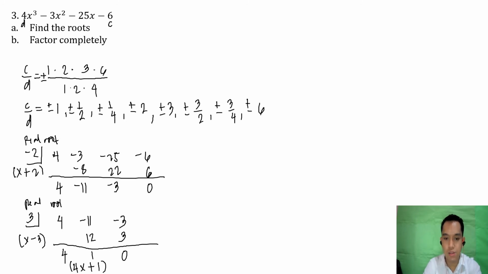Okay, so the factors of our polynomial, 4x cubed minus 3x squared minus 25x minus 6 are x plus 2 times quantity of x minus 3 times 4x plus 1.